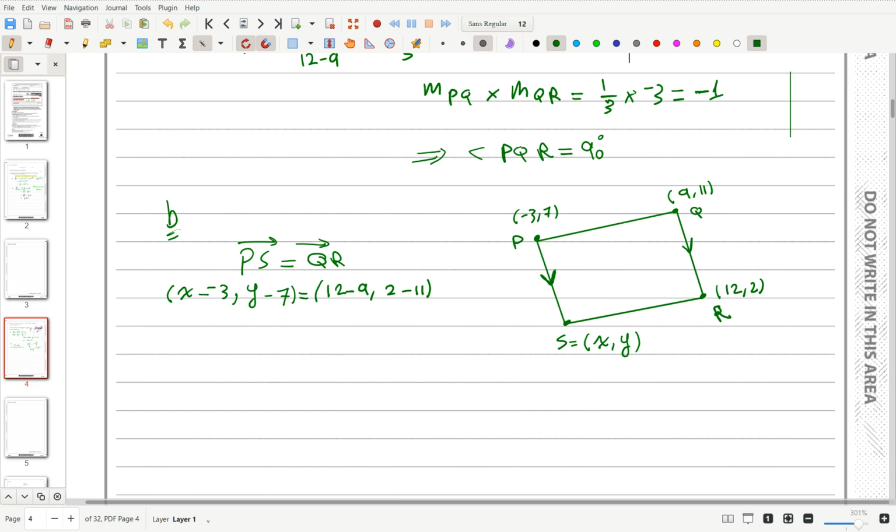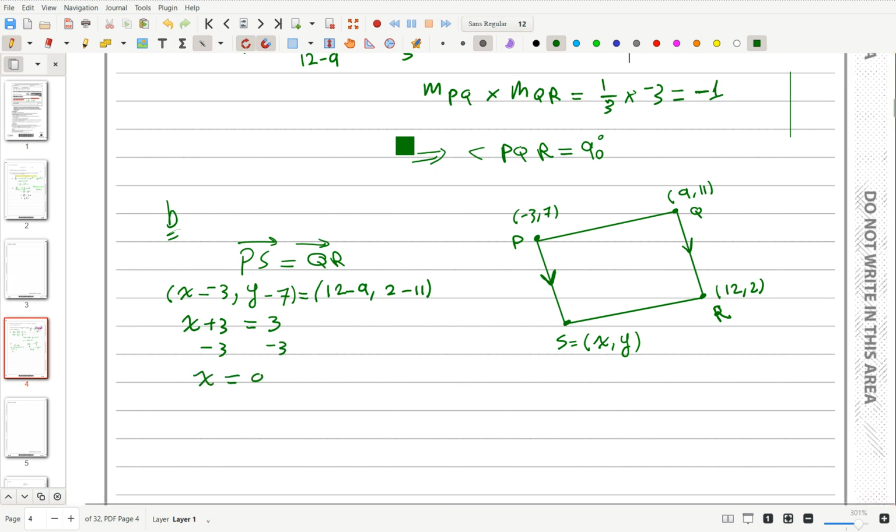So we said that the vectors PS and QR are equal, which means PS has the same components as QR. So in this case, we have x plus 3 equals 3. Subtracting 3 from both sides, we get x equals 0.